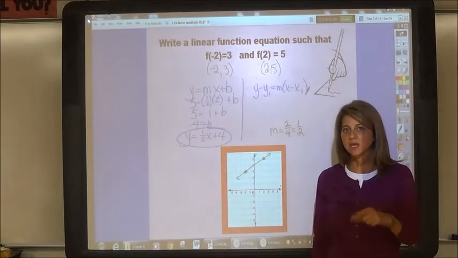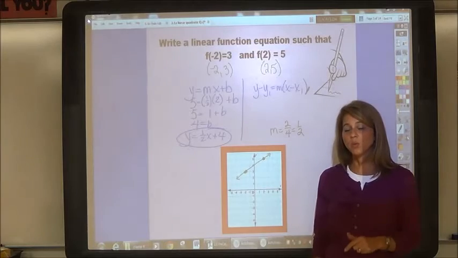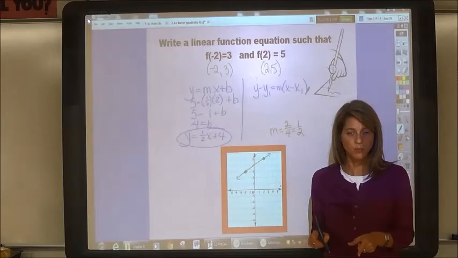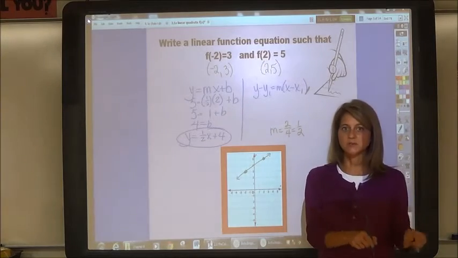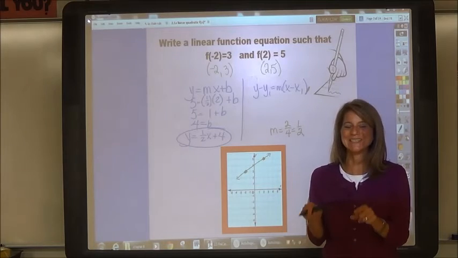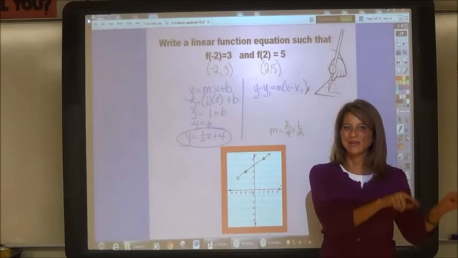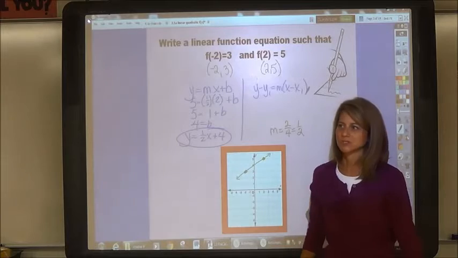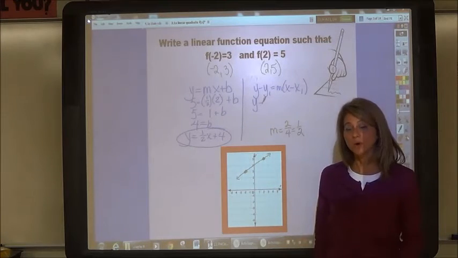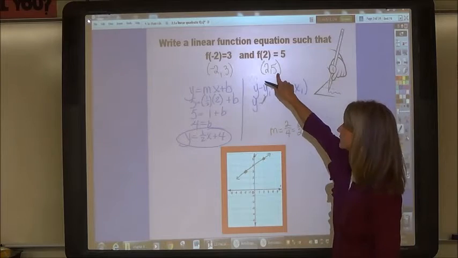That just means that's the x part of the point you're using and the y part of the point that you're using. So it's y minus the y part of the point equals m times x minus the x part of the point. Said that backwards, sorry. Okay, so y minus the y part of the point that I'm picking, 5.